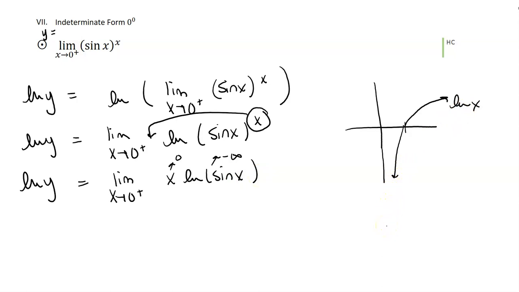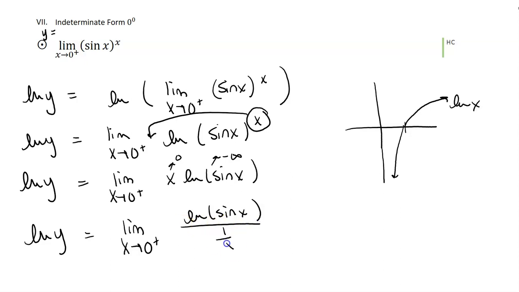Okay, so what we need is an infinity over infinity type rule, because unless you want to deal with cosecants, which I don't think you do, you're going to need to leave this infinity here. So what I'm going to do then is write this as the limit as x approaches 0 from the right of the natural log of sine of x divided by 1 over x.